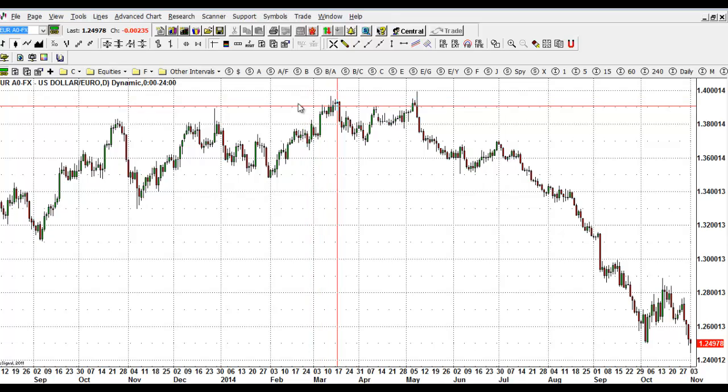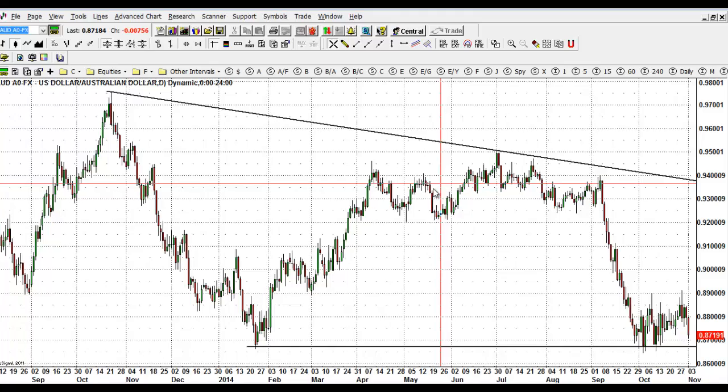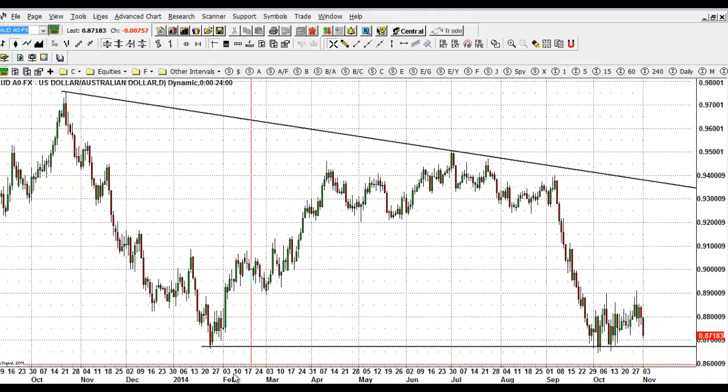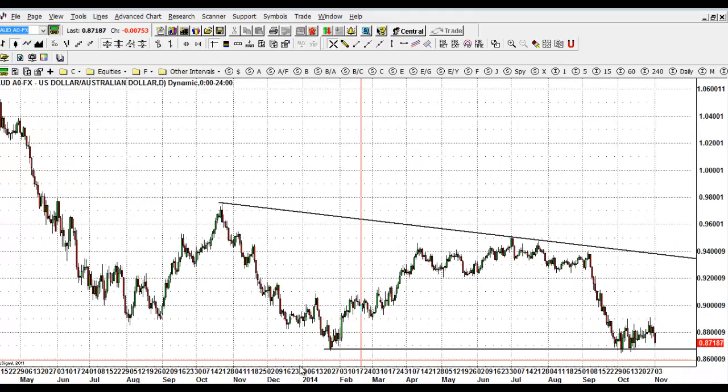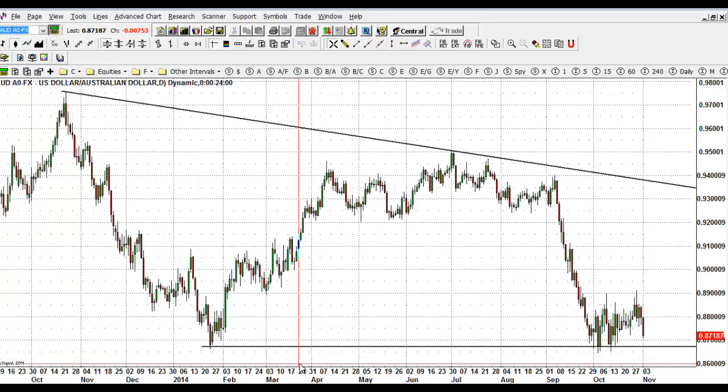Taking a look at the Australian dollar, we see that the market is trading up against support. The market just seems to be unable to break support right here, just above the 86 level.